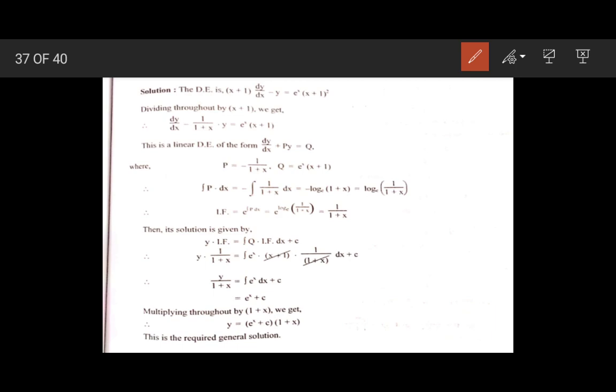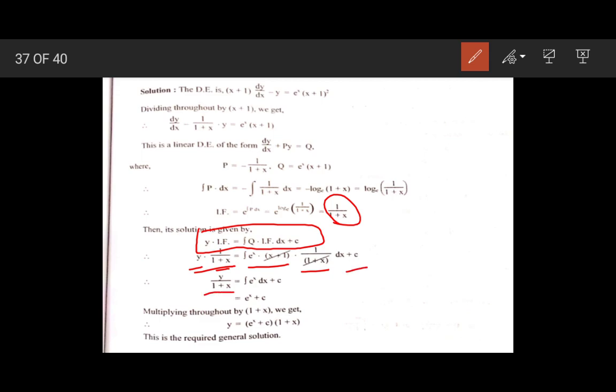Now I will find the solution for the given differential equation. For that I am going to use this formula: y into the integrating factor. The integrating factor is 1 upon 1 plus x. So y into 1 upon 1 plus x is equal to the integral of e raised to x into (x plus 1) into 1 upon 1 plus x dx plus c.